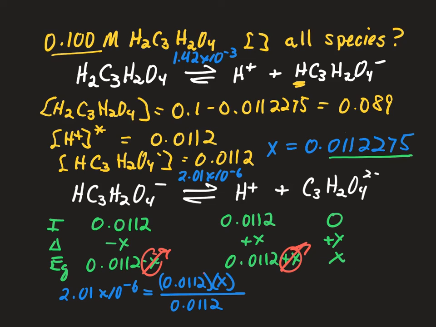That divided by that becomes 1, and we just get that x ends up being equal to 2.01 times 10 to the minus 6. And now we can go back in, put x in here, and we have essentially found all of our species. We know how to go from hydrogen ions to hydroxide ions and find pH and all of that.